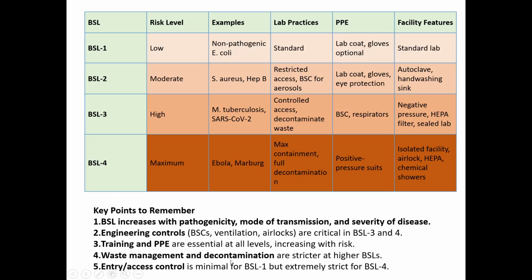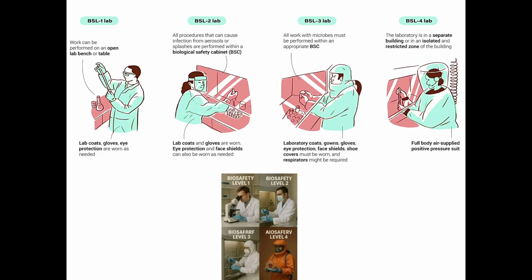Waste management and decontamination are stricter at higher BSL levels. Entry and access control is minimum for BSL-1 but extremely strict for BSL-4, and it is also done for BSL-2 and 3. Only trained personnel and limited access will be given from BSL 2 onwards. So this is how we work in different labs in BSL levels.